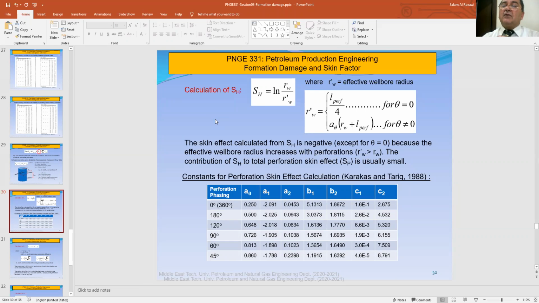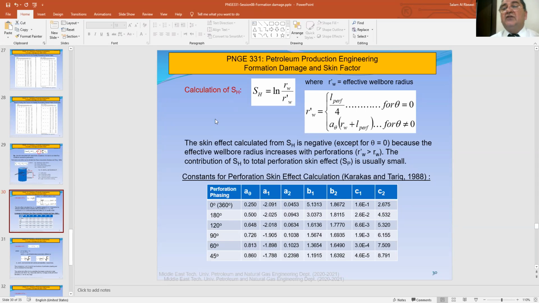The wellbore radius, RW dash, will be greater than RW. So ln RW divided by RW dash will always be less than 1. Then we can calculate S sub H.